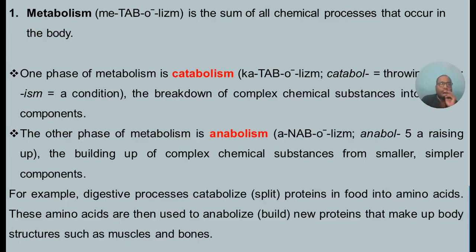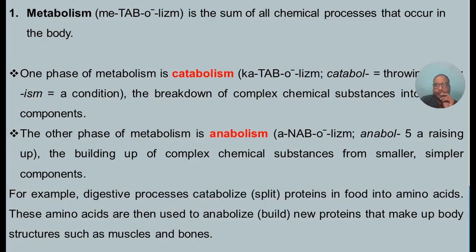Means certain chemicals are formed, certain molecules are formed, macromolecules are formed, whereas certain micromolecules are synthesized from macromolecules. So this metabolism is further of two types.